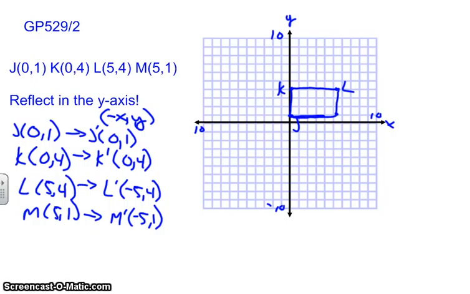And now when you plot them, notice that 2 points stayed the same, right? And then L went to -5, 4. And M went to -5, 1. So when we connect this, have we reflected the figure across the y-axis?